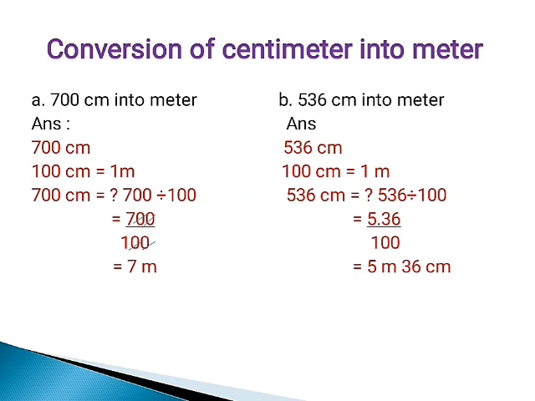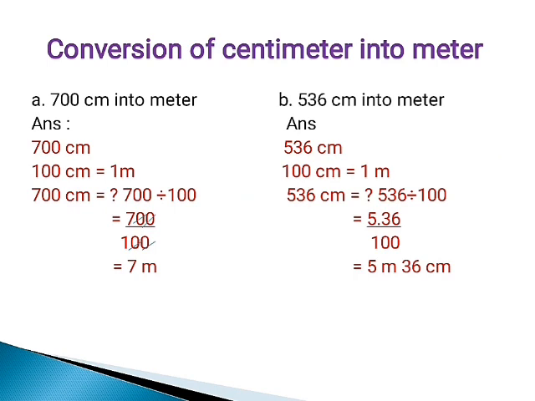Now, see dears, on your left hand side 100 is there. What should we do? That 100 we should divide. Understood? So, right hand side 1 we should multiply. Left hand side 100 we should divide. So, 700 divided by 100. Now, look at this next step. If you are writing the divide symbol, after that you have to write the by symbol.